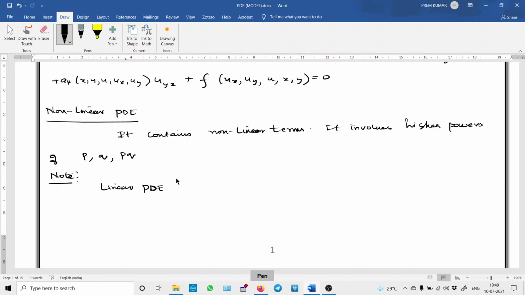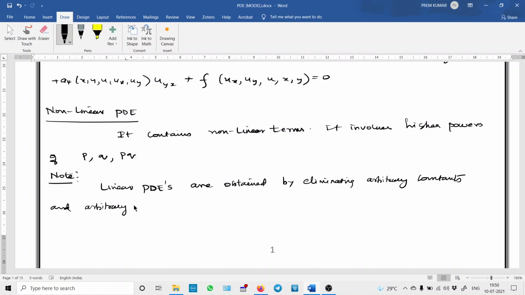Linear PDEs are obtained by eliminating arbitrary constants and arbitrary functions.